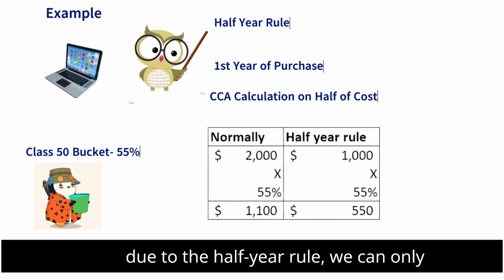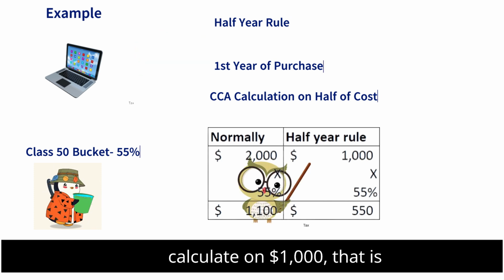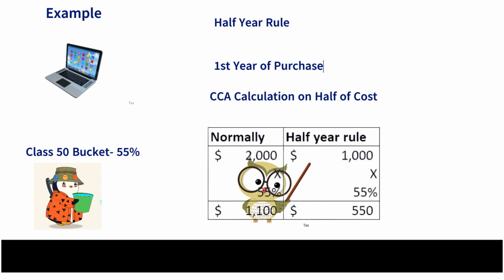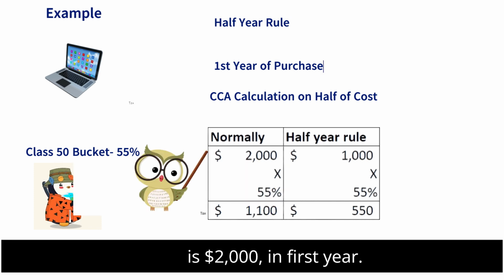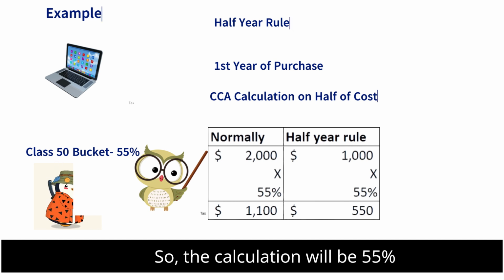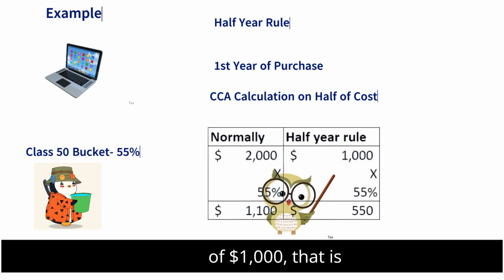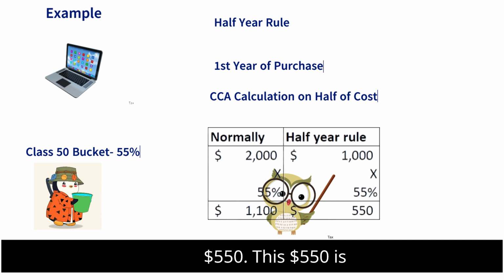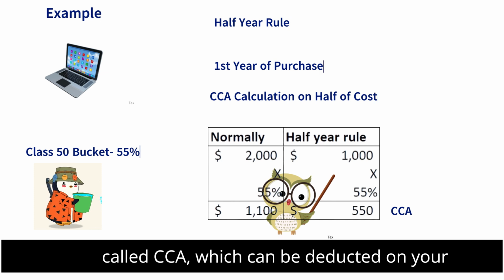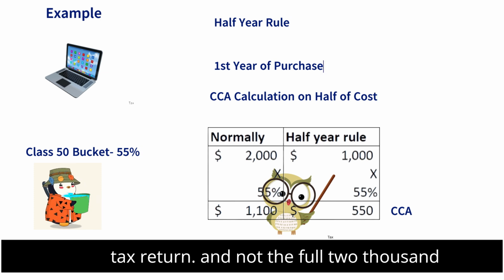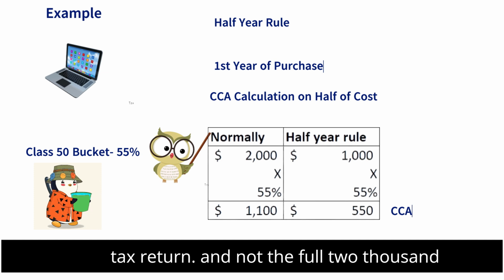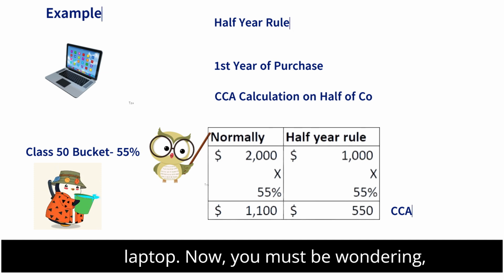However, due to the half-year rule, we can only calculate on $1,000, that is half of the original purchase price of $2,000, in the first year. So, the calculation will be 55% of $1,000, that is $550. This $550 is called CCA, which can be deducted on your tax return, and not the full $2,000 that you spent on buying the laptop.